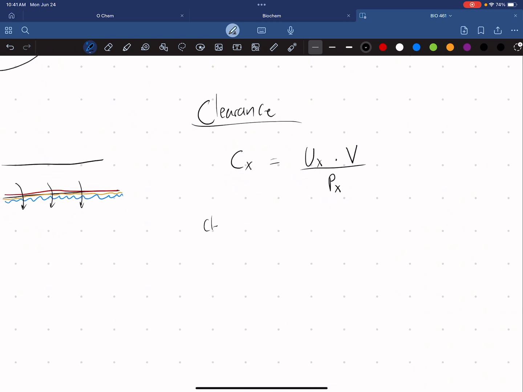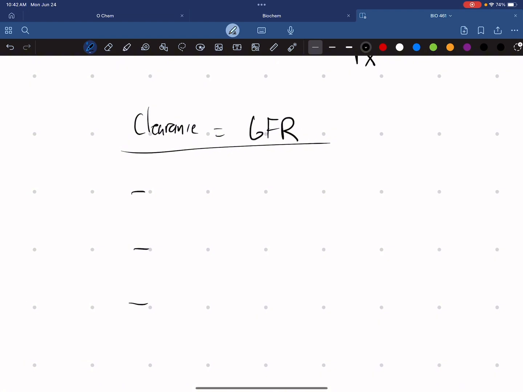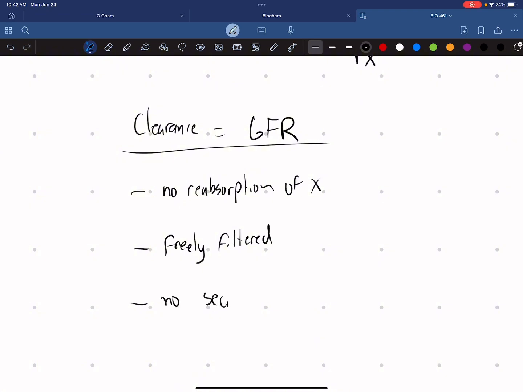And so we know that clearance can be equal to the GFR if certain assumptions are made. So we know that clearance is equal to GFR if there is no reabsorption of X. We know that it is freely filtered. And we know that there is no secretion.